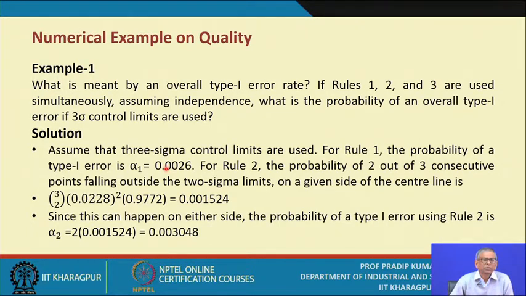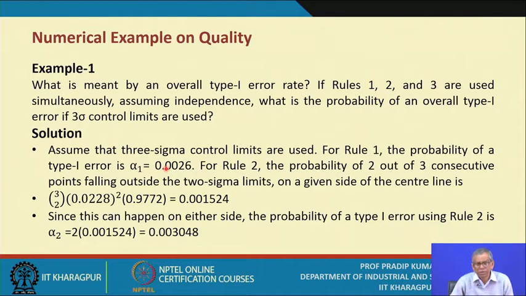What you can do, that means when you design a control chart, you try to minimize this value, but implicitly it is known that this type 1 error probability exists. There are several rules. If you recollect, we have already discussed 5 specific rules like rule 1, rule 2 and rule 3.